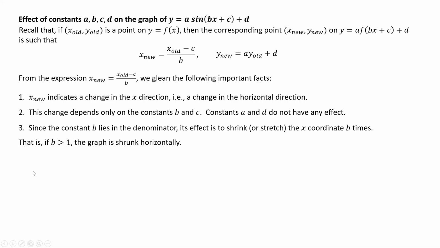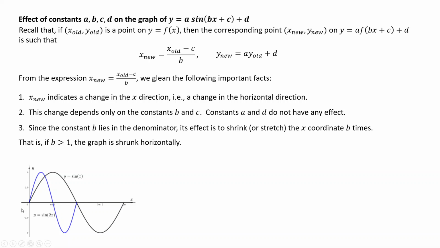That is, if b is greater than 1, the graph is shrunk horizontally. Okay? It gets squished. And take a look at the graphs. This green one is the graph of y equals sine x.